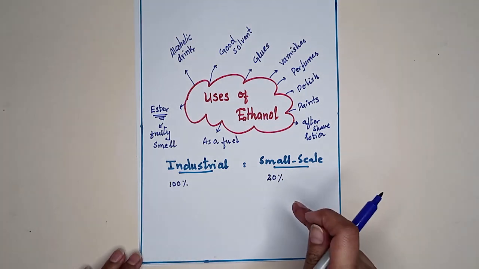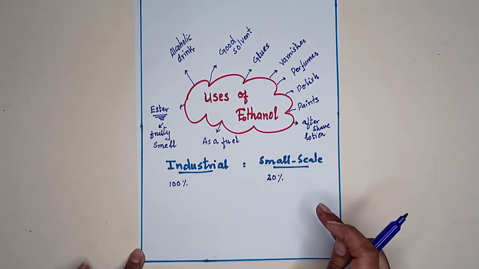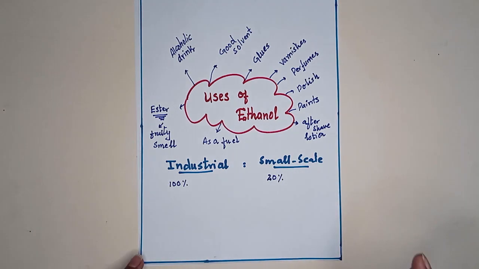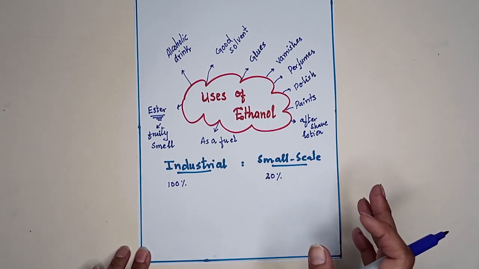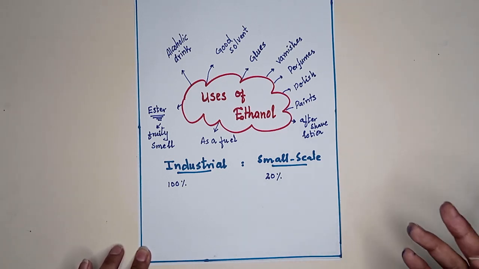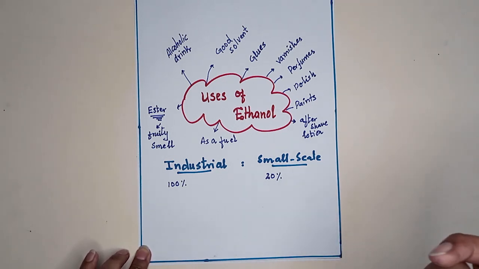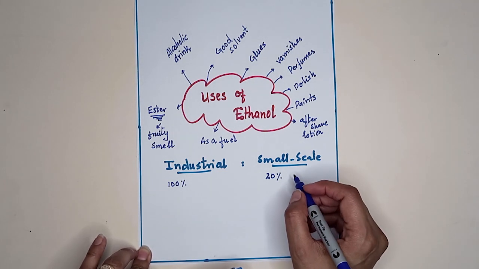Why? Because this reaction of fermentation is exothermic, and this exothermic reaction produces heat. After some time, as the ethanol is being prepared, the temperature rises. When it reaches between 37 and 40, the reaction slows down, and after 40 the reaction starts falling.